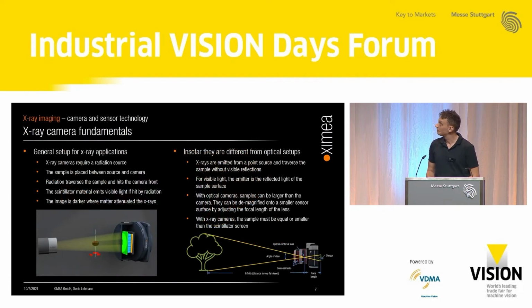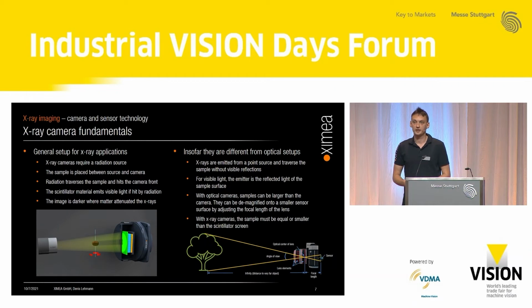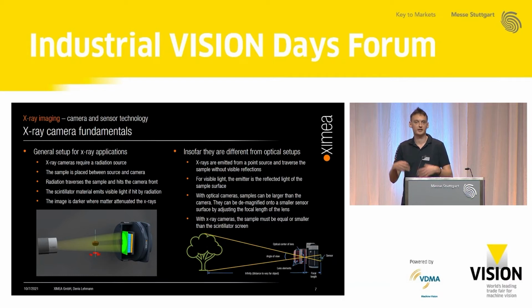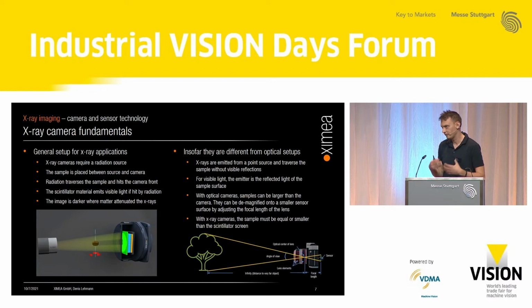For X-rays, you certainly need a radiation source that's external from your camera. The sample that you want to be inspecting will be in between your camera and the radiation source, and the radiation then traverses through the sample and hits the camera front. And then the camera does its magic, as I just explained. Insofar, they are way different from optical setups.